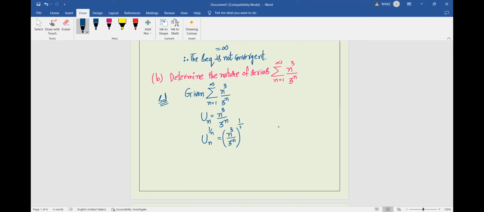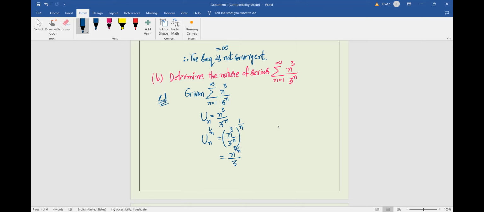The 1 by n goes to the numerator as well as to the denominator. Once it goes to the denominator, n and n cancel, we are left with 3 only. Am I correct?